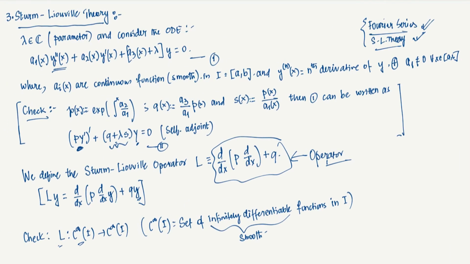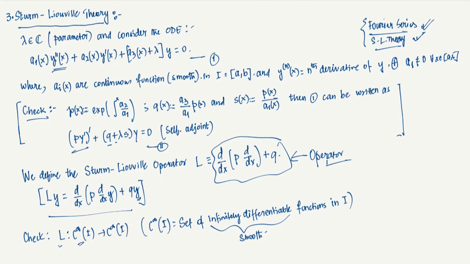Okay, now you see, if we call L this operator, then look at (p y prime)' plus q y plus lambda s y, this extra term is there. See, this part, (p y prime)' plus q y, is your L of y, right?